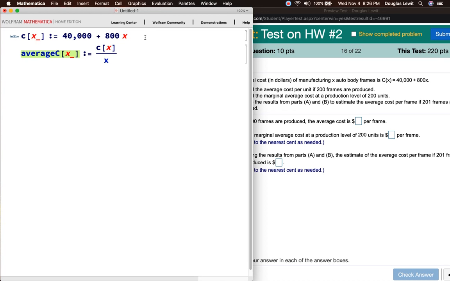Okay, so x is really the number of cars. We could actually say cars, and then this would be the variable cars. It's the total cost of the cars divided by the number of cars, and this is the average cost.